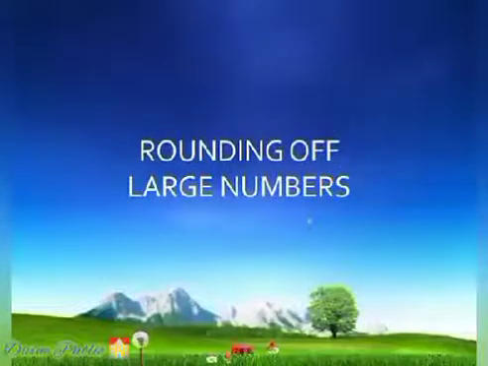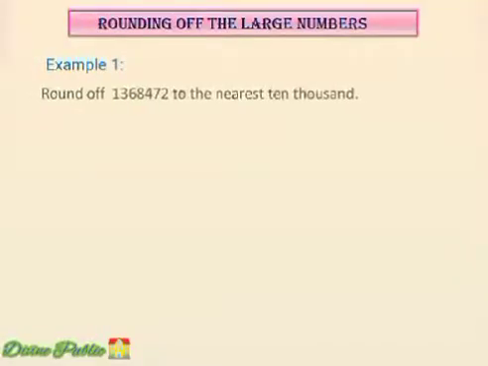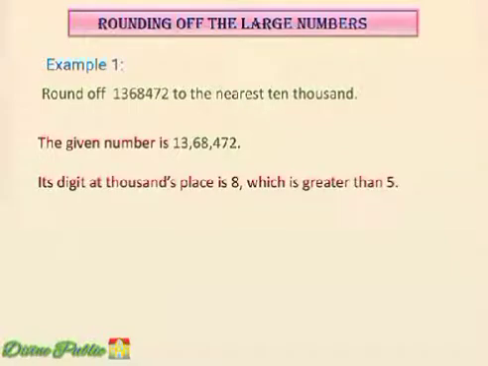Rounding of large numbers. Let us see the example. Round off 13,68,472 to the nearest 10,000. The given number is 13,68,472. Its digit at thousands place is 8, which is greater than 5.